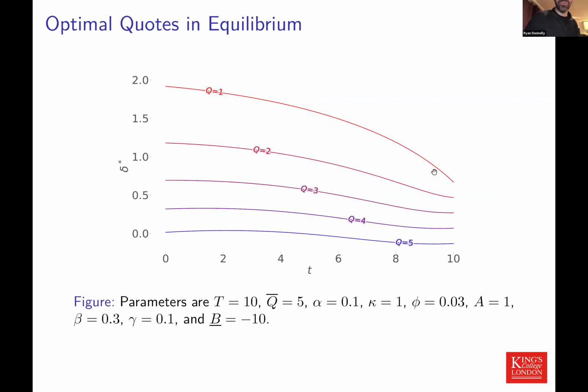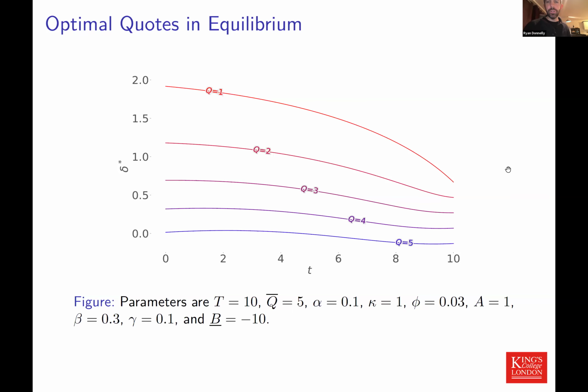Okay, so this is what the optimal, or the equilibrium, strategies look like in feedback form. There are a couple of things here that should look somewhat familiar if you have done anything in this type of dynamic inventory management or algorithmic trading. In particular, as the remaining inventory goes down, the quoted price goes up.